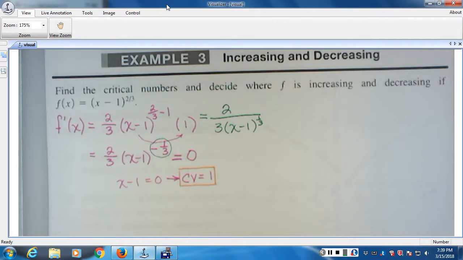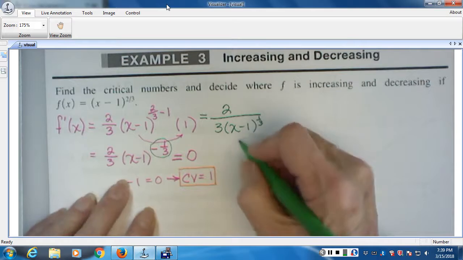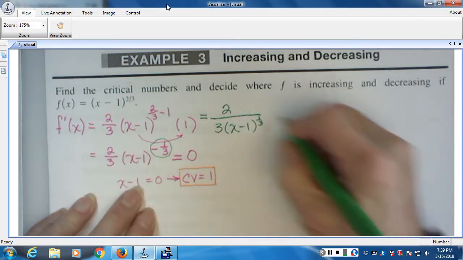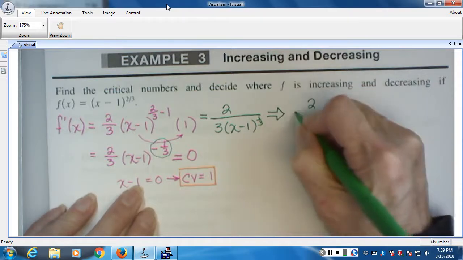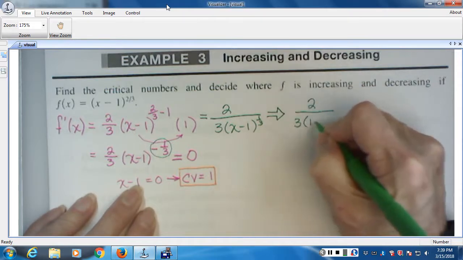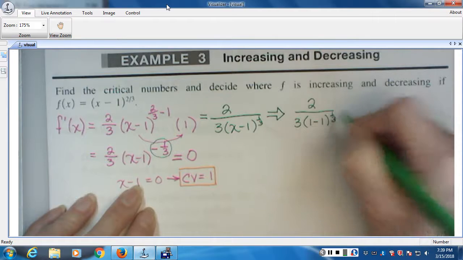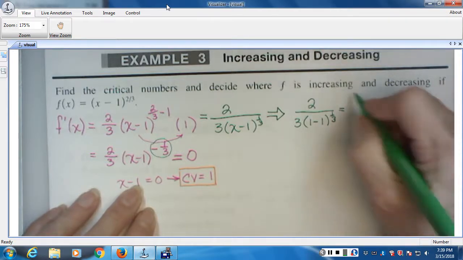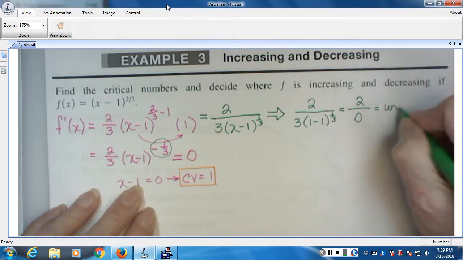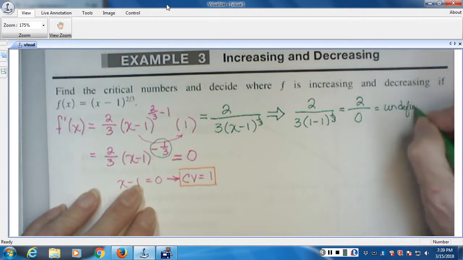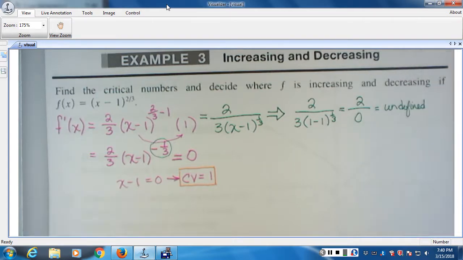And in the case where x is actually 1, your derivative is actually undefined when x is equal to 1. Okay? It's actually undefined.